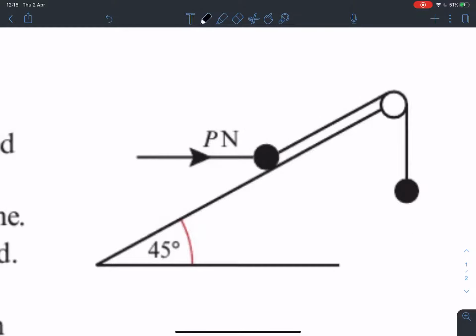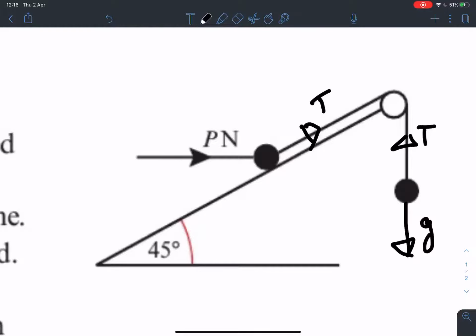Let's try again. Okay, so it's mass of 1 kilogram, so we've got G newtons acting downwards. We've got a tension in the cable, we'll call it T. And we know that because the string is light and inextensible, that tension is constant throughout the string and the pulley is smooth.